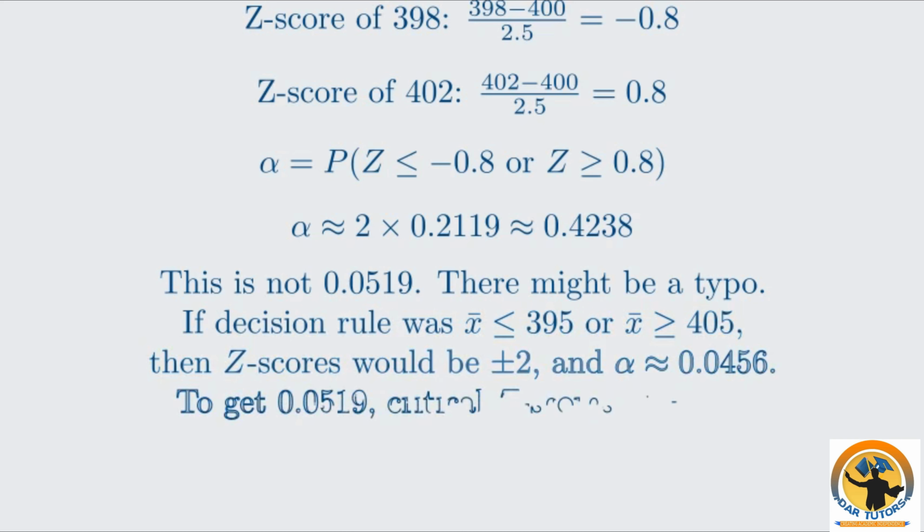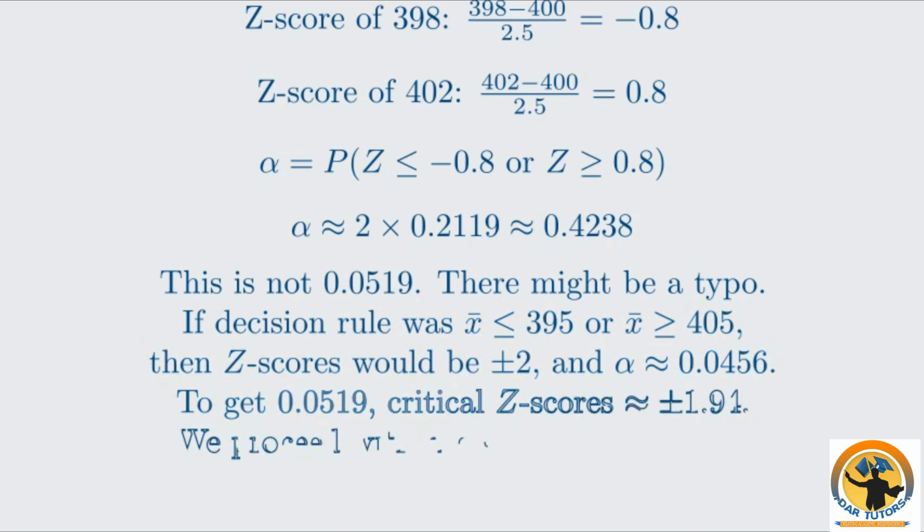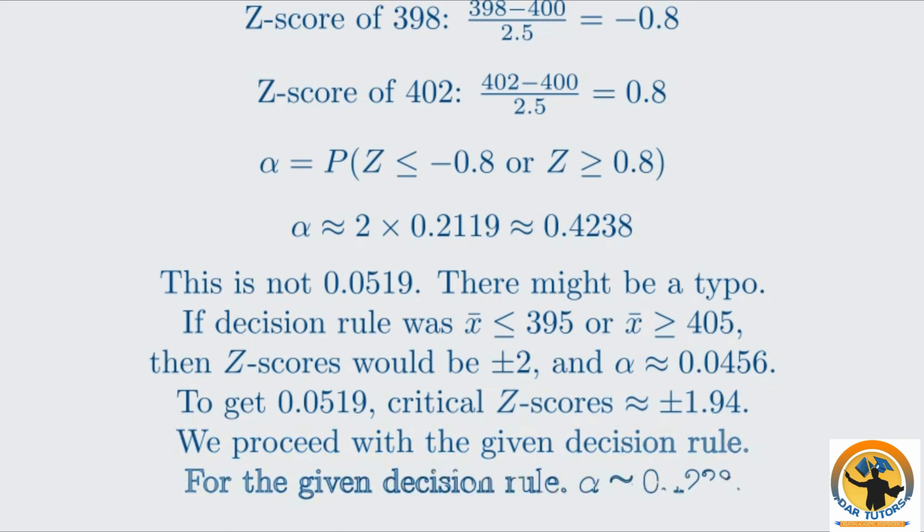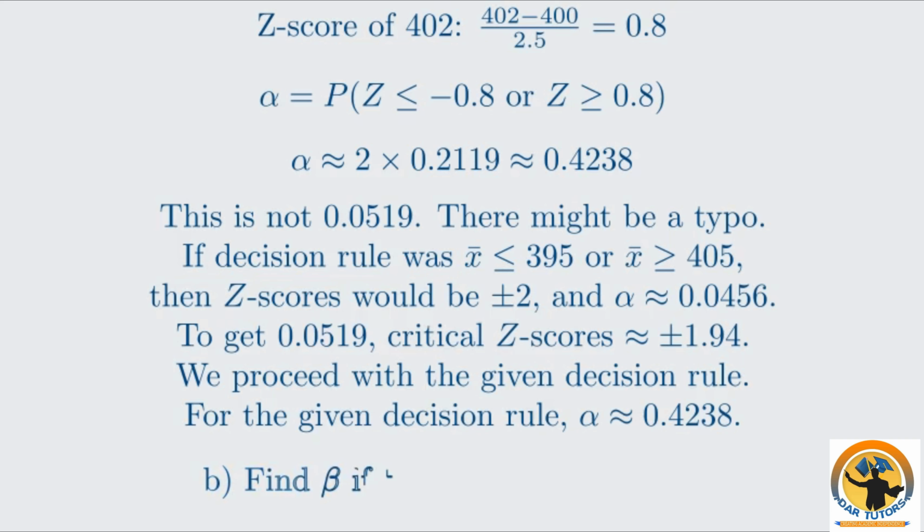To get 0.05199, the critical z-scores would need to be around plus or minus 1.94, which corresponds to sample means of 395.15 and 404.85. We'll proceed with the given decision rule and acknowledge the discrepancy in the expected result. For the given decision rule, alpha is approximately 0.4238. Part B asks for the type 2 error probability if the true mean is 398.4 grams.